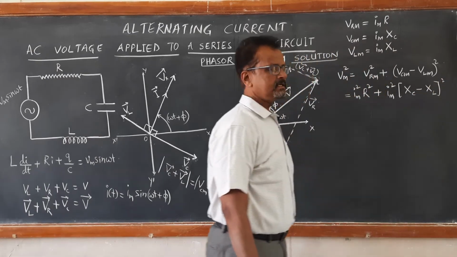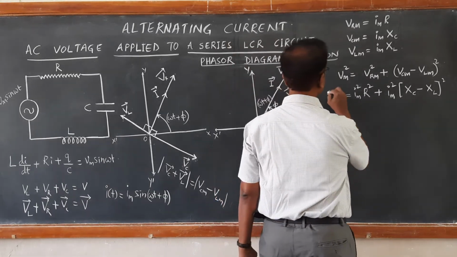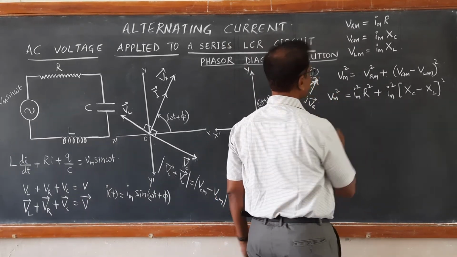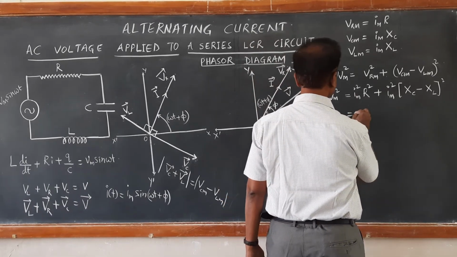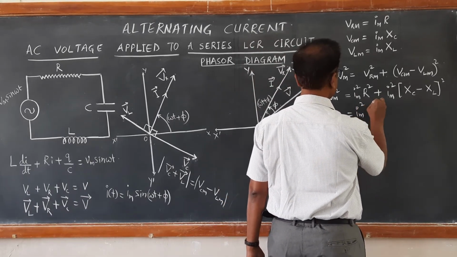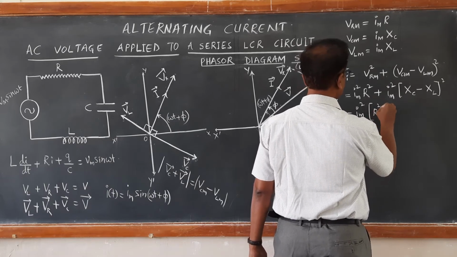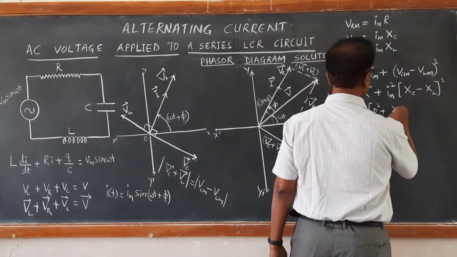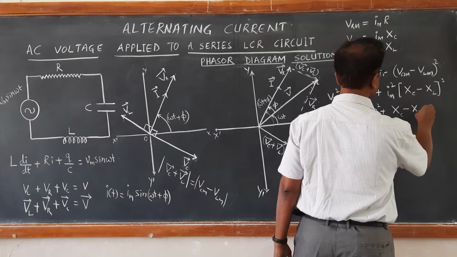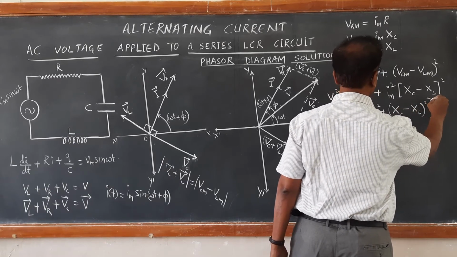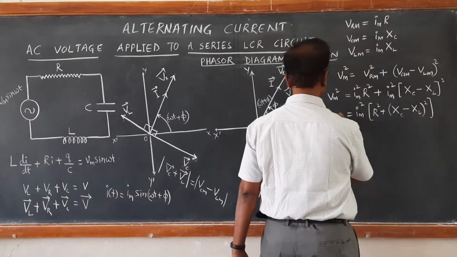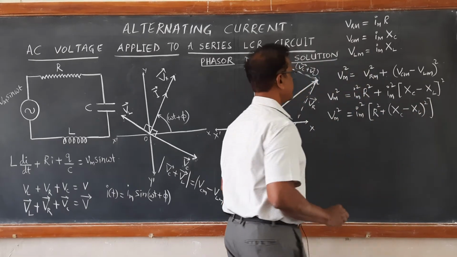So now we can take out Im square completely. Therefore, Im square into bracket R square plus XC minus XL whole square. This gives us the peak value of voltage.